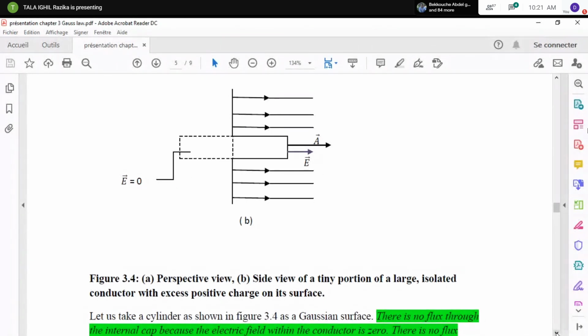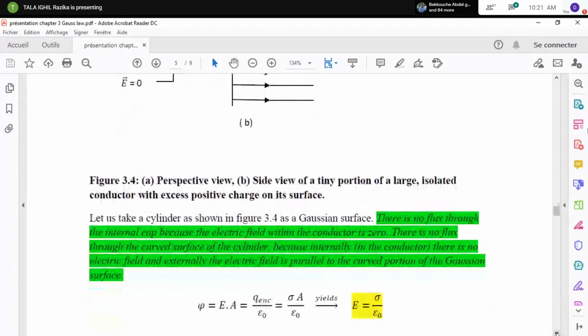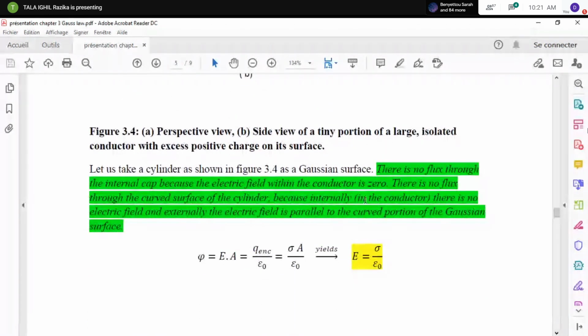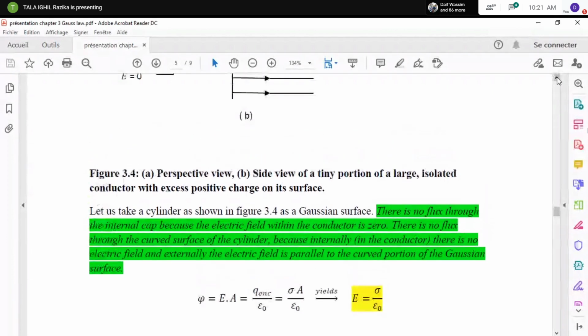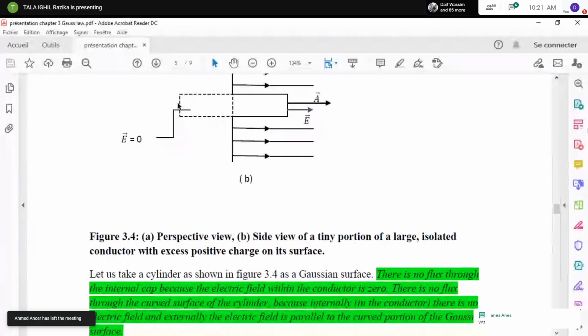So let us now deduce the total flux and the electric field. Let us take a cylinder as in the figure. There is no flux through the internal cap because the electric field inside the conductor is 0. Look here in the figure. On this cap, the electric field is 0 because we are inside the conductor and there is no charge. And on the lateral side, there is no flux because the electric field is perpendicular to A, so the dot product will be 0.